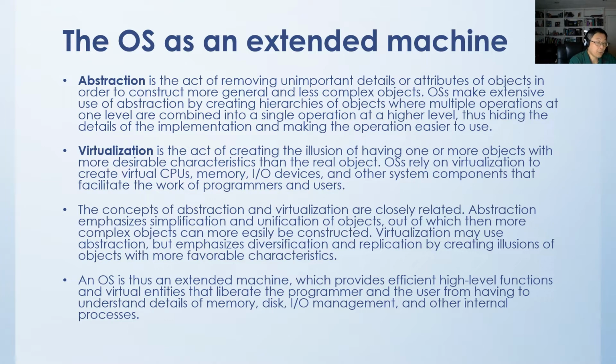Now the other technique is virtualization. Virtualization is the act of creating the illusion of having one or more objects with more desirable characteristics than the real object. This happens when a computer system is very powerful, and typically you can only use a small portion of the CPU to perform your operation.